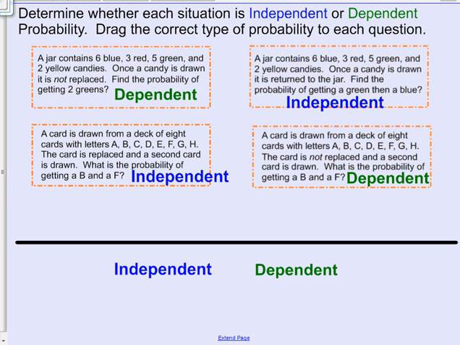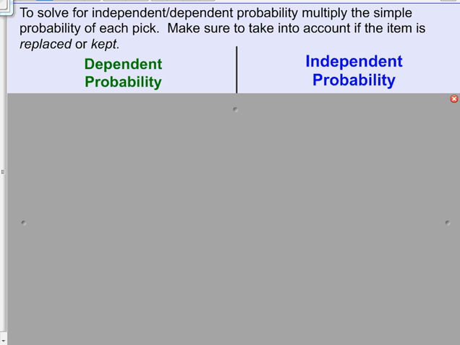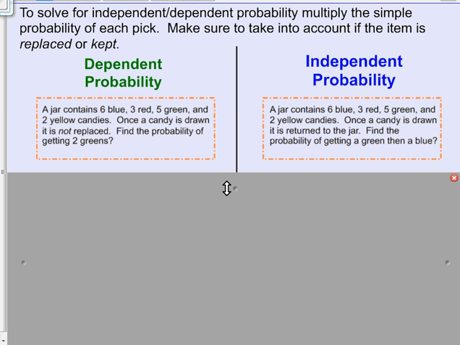All right, so how do we solve these? What's the difference here? We'll do the independent first. I have this situation right here: a jar contains 6 blue, 3 red, 5 green, and 2 yellow. Once the candy is drawn and is returned to the jar, find the probability of getting a green, then a blue.